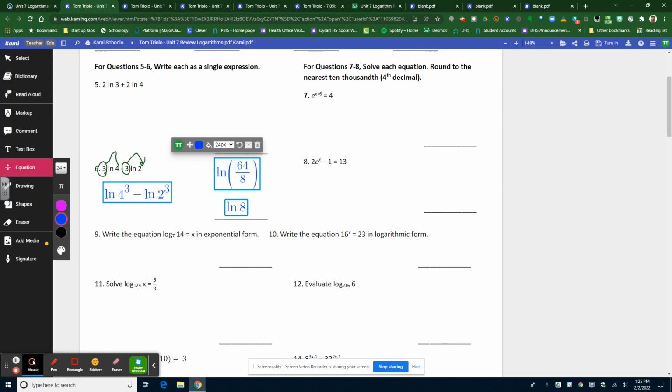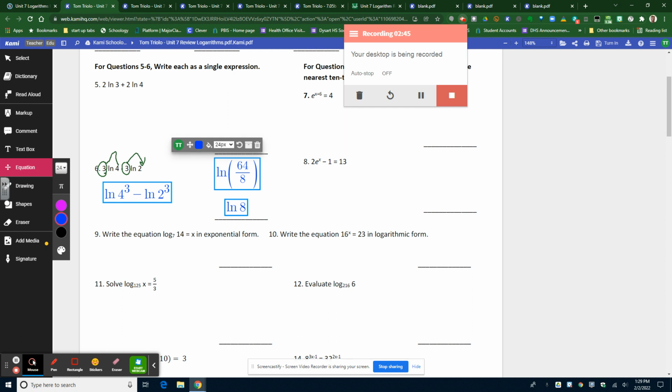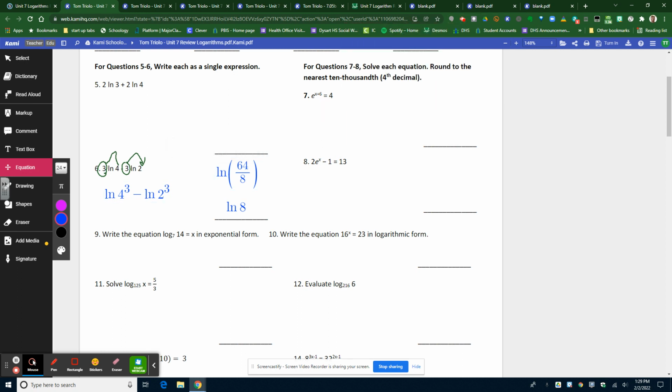Let's do 7. You're going to solve and then round your answer to the nearest 10 thousandths. Give me a few minutes to work on 7. Variable in the exponent. I don't want the variable in the exponent. Take the natural log.